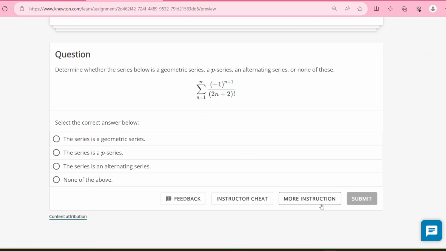You'll be taken to a page with some reading to do or videos to watch or both. And then you'll be given some questions related to that instruction. And you can work through the entire assignment this way. Anytime the more instruction button comes up, you can click on it, go to the instruction page, and work on the assignment problems with the instruction available. And there's absolutely nothing wrong with that.